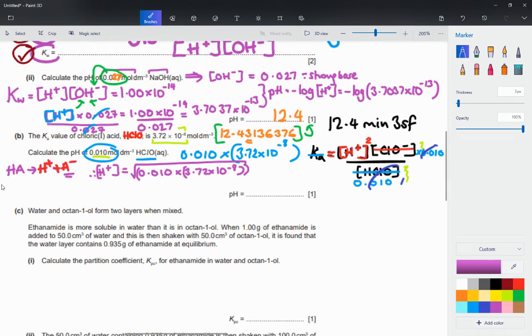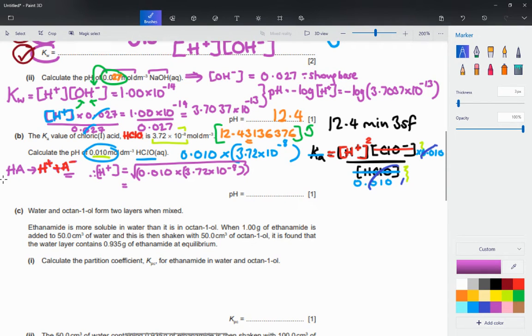So I'm putting in my calculator, square root, it actually comes up with the bracket, so you can put another bracket in 0.010 multiplied by open bracket 3.72 times 10 to the minus 8, close bracket, because you have two brackets, and you then come up with 1.9287305152 times 10 to the minus 5.